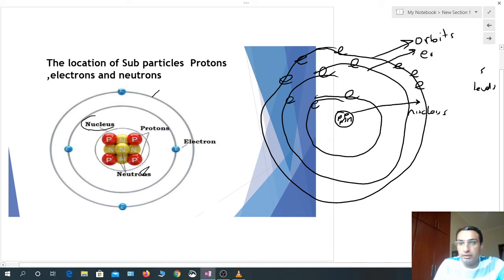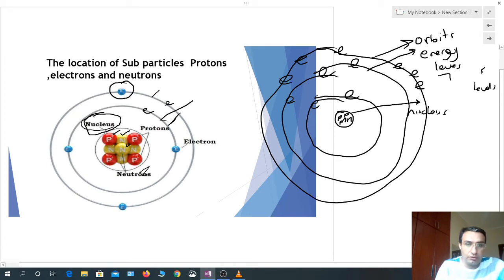Orbits or energy levels. As it is seen in these pictures, in the seat which we call nucleus, there are protons and neutrons, okay, and around this nucleus there are circles and electrons are available in these circles.